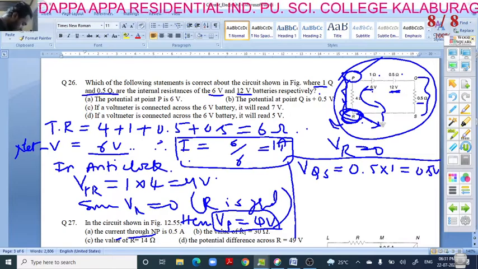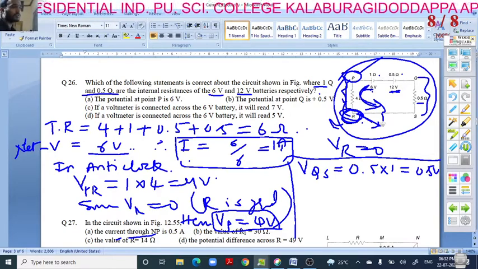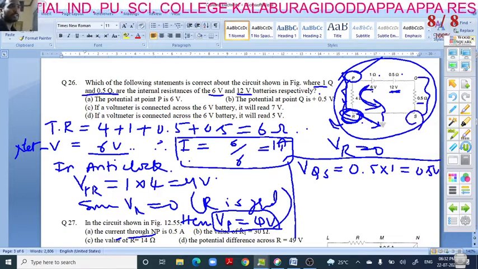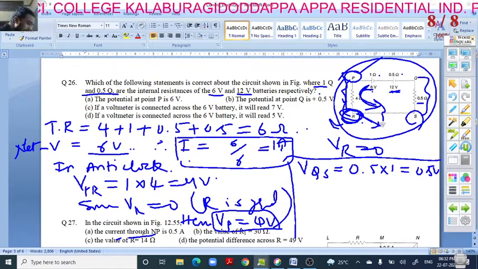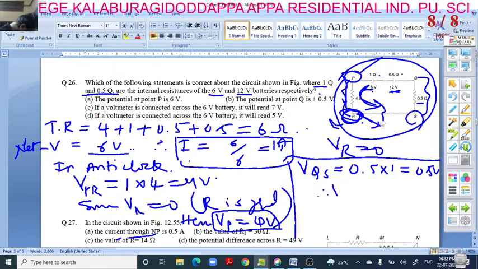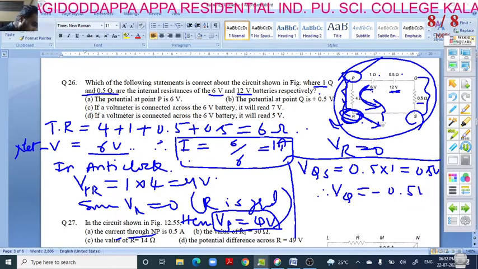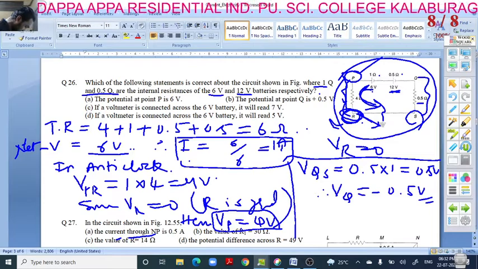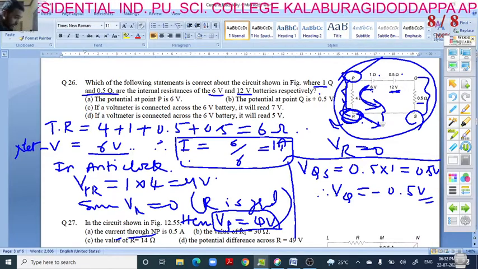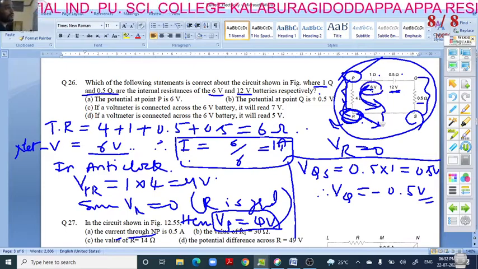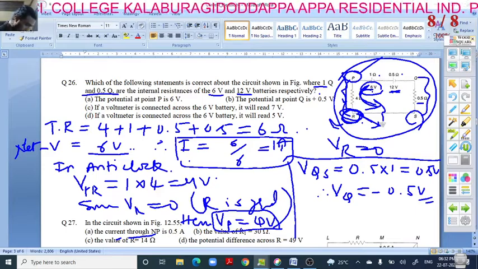This is the anti-clockwise direction, so S is at higher potential than Q. Therefore potential at Q is equal to minus 0.5 volt, right? So current is being forced into the 6 volt battery in the opposite direction.